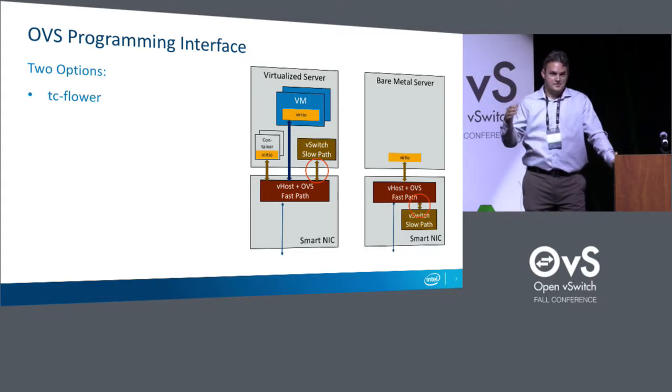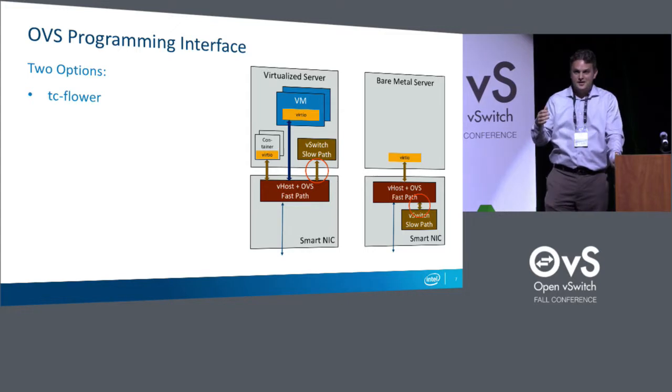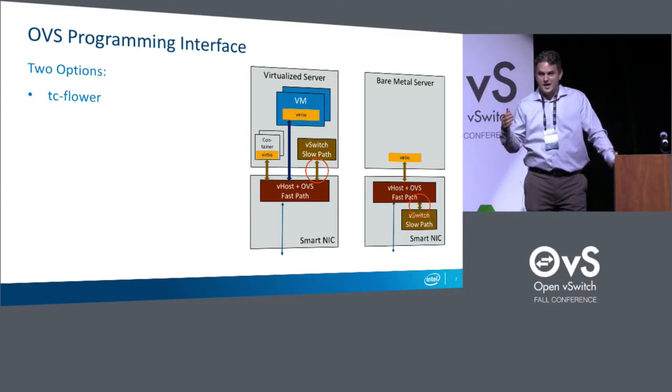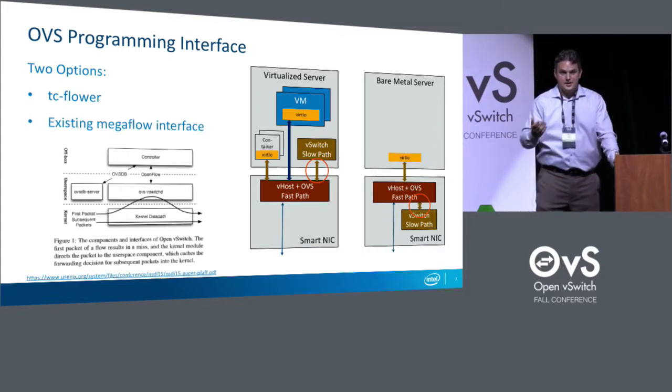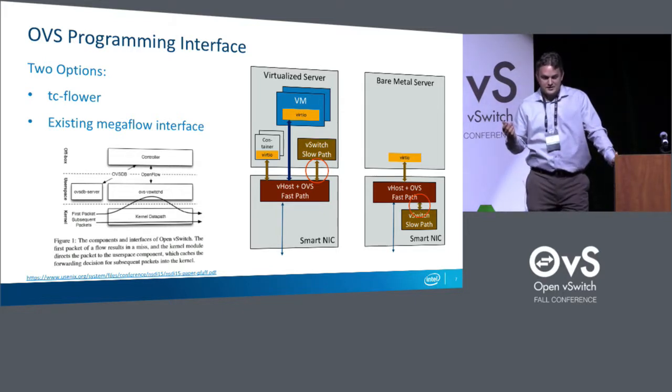CSPs today are used to having a high packets per second update rate, maybe because they're using DPDK or some other mechanism. And so TC-Flower is getting in the way. So we still support TC-Flower, but in addition, we have looked at the existing Megaflow interface from OVS.